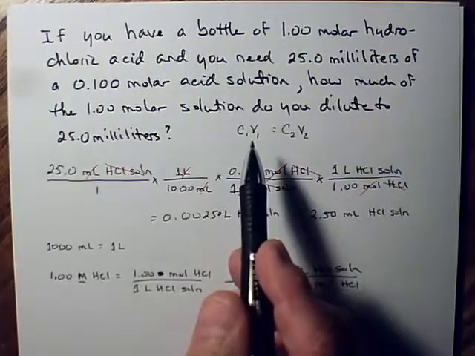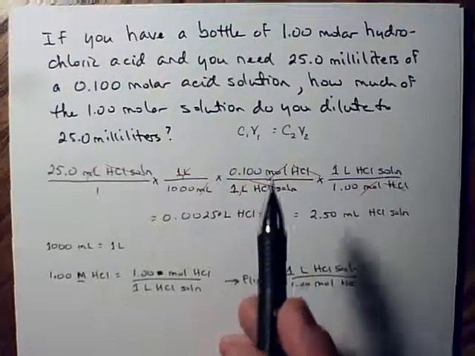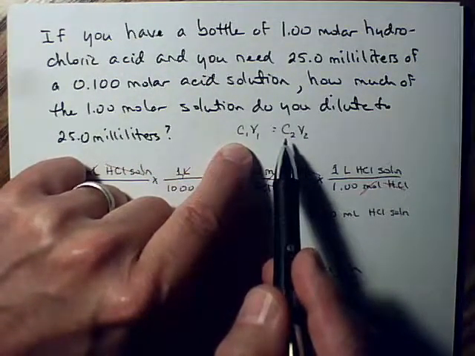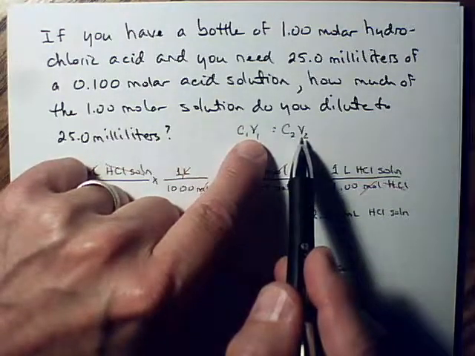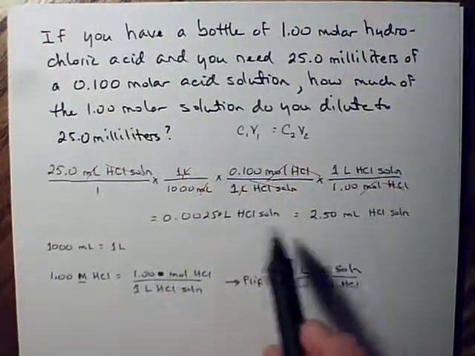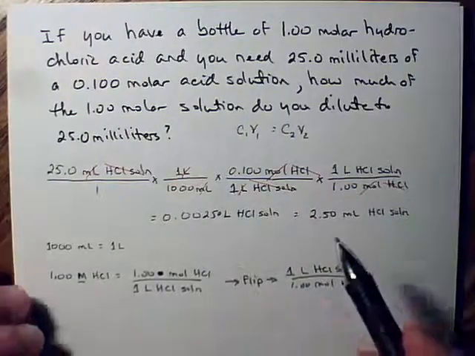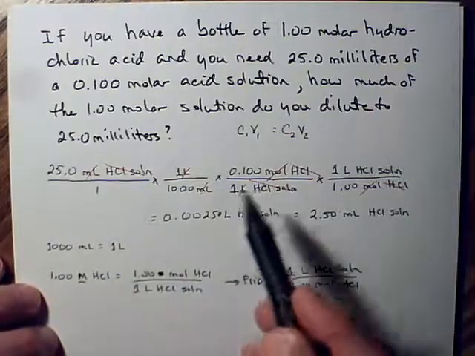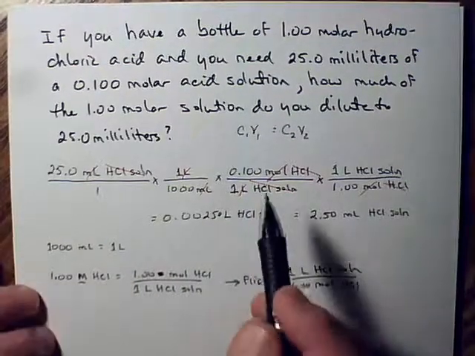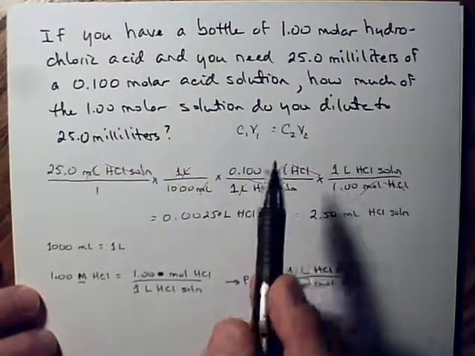Caveats are like if and only if situation things, okay? You can use this if and only if you have molar concentration for both of these, and you have volume in the same units of measurement. Does that make sense? I'd rather you do it this way first. Then after you get used to this, well, you can use this. This way of doing things, this dimensional analysis system, is universal. Almost universal, okay? This is not. You can't use it as much as you can use this.